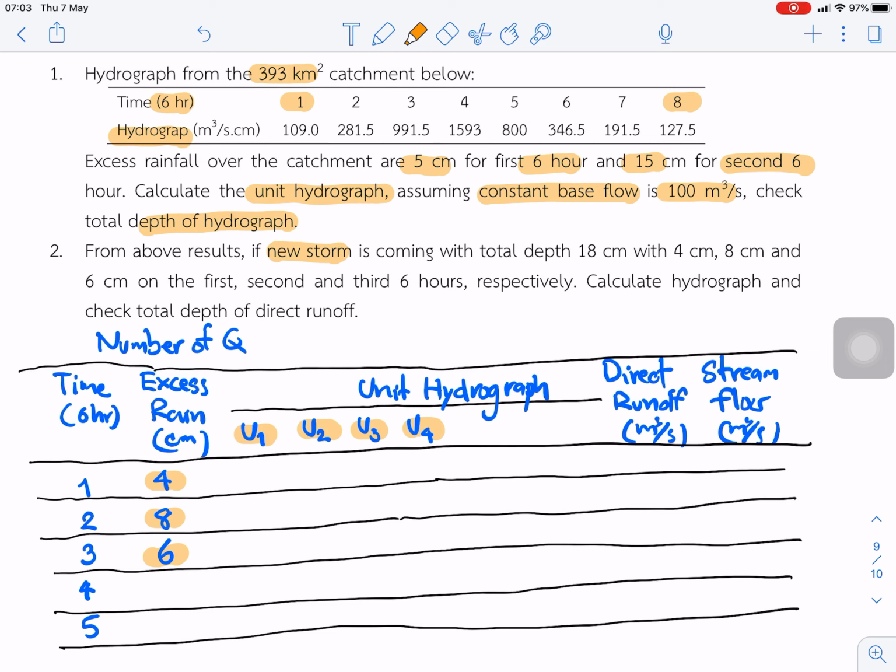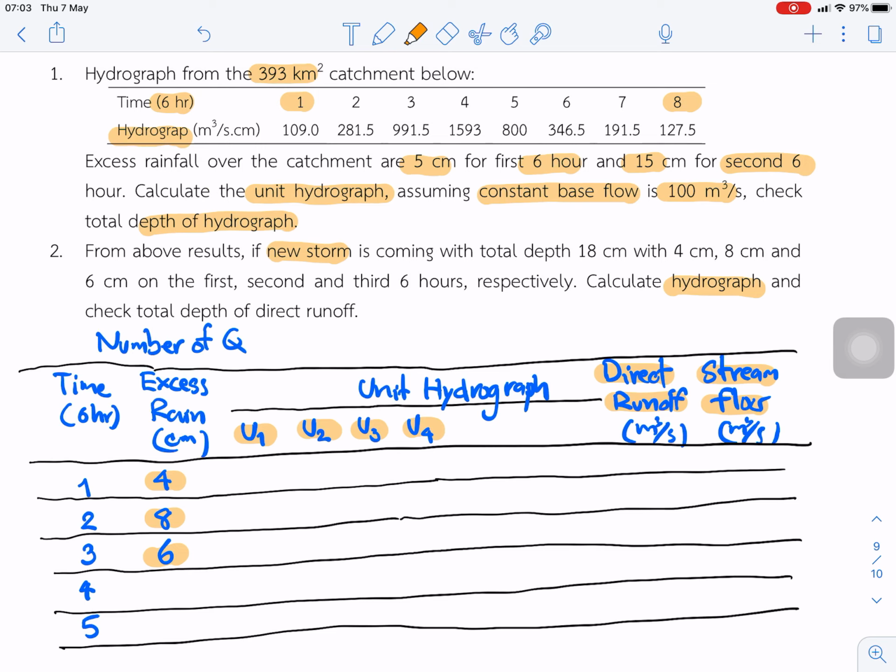We calculate the direct runoff hydrograph and check the depth, and estimate the streamflow by adding the base flow to the direct runoff.